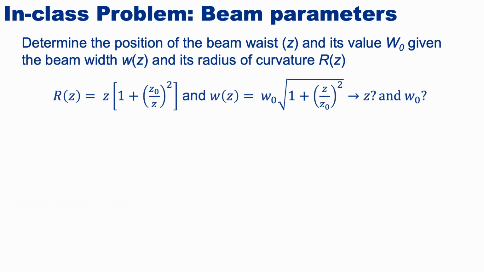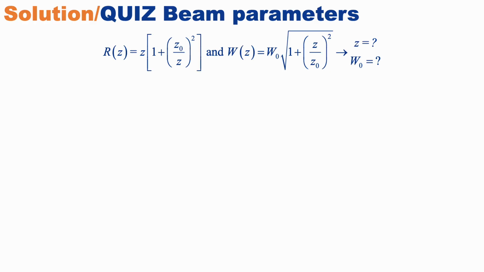So let's do the next problem, which is, excuse me, they want us to estimate the position C and the beam waist, assuming that we know the beam width and we know the radius of curvature. So how are we going to work this problem? It's going to be a little long, so hang with me a little bit.